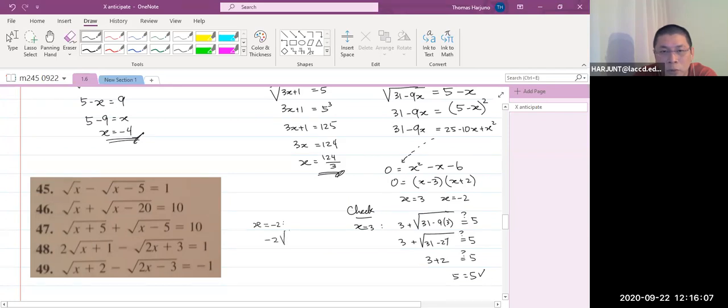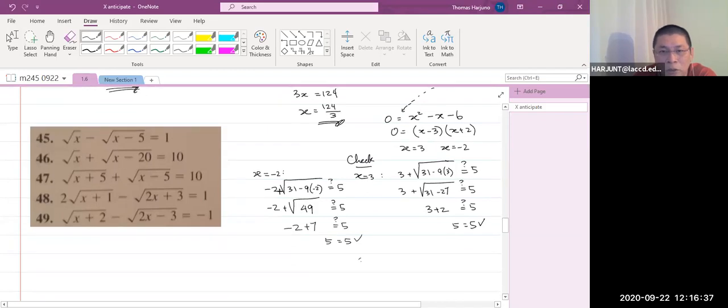Negative 2 plus square root of 31 minus 9 times negative 2. Is it equal to 5? So negative 2 plus square root of 49. Is it equal to 5? Negative 2 plus 7. Is it equal to 5? That's true. So for this question, we have two solutions. x equals negative 2, x equals 3.